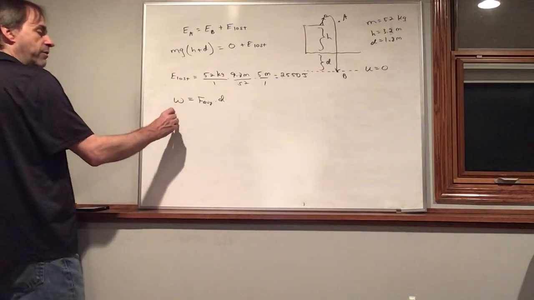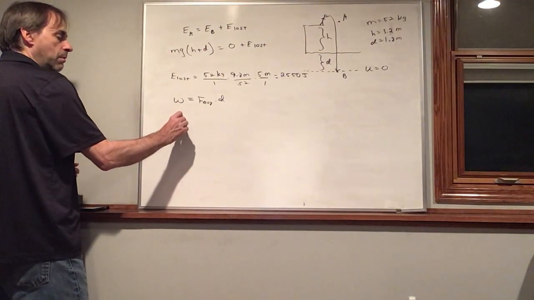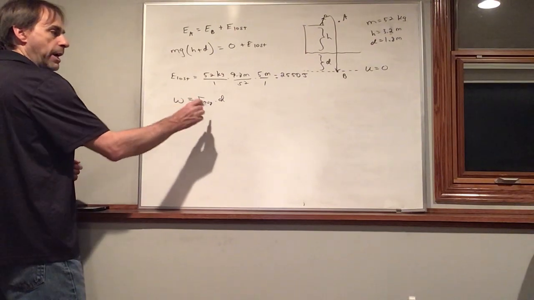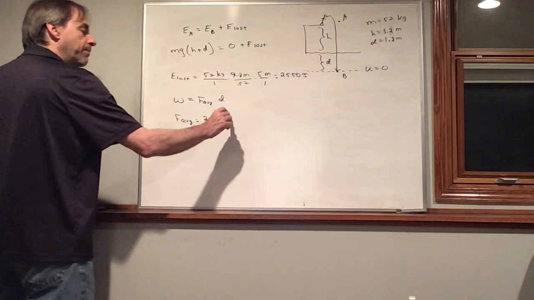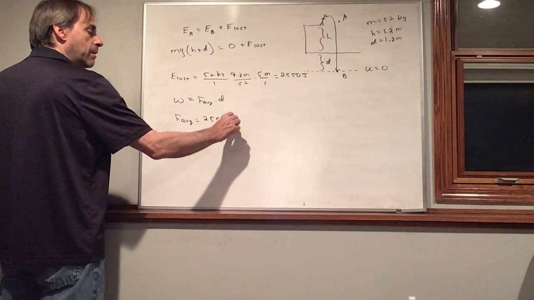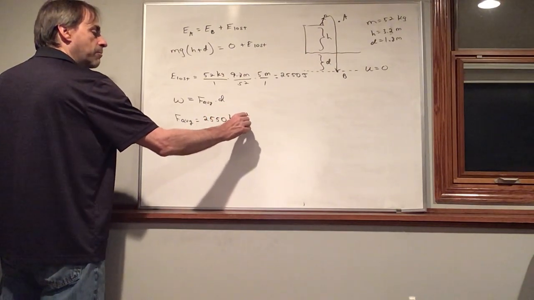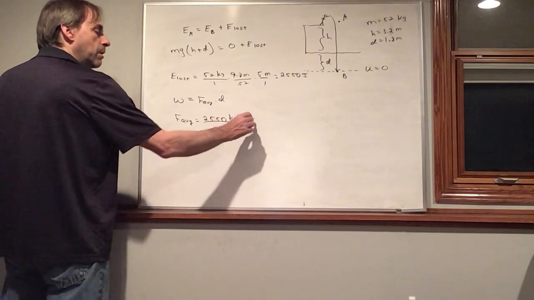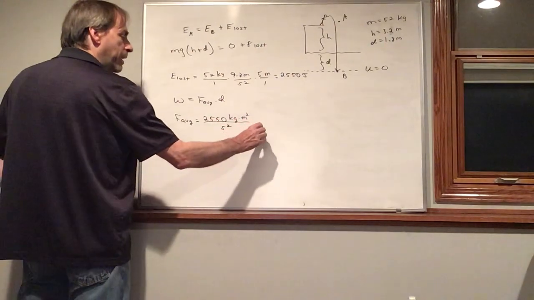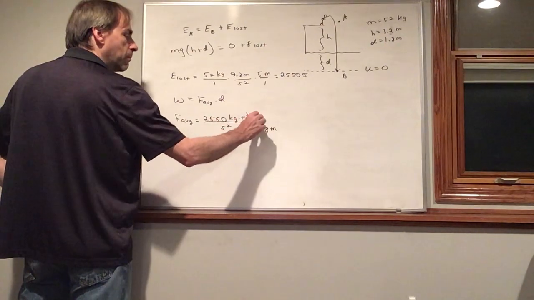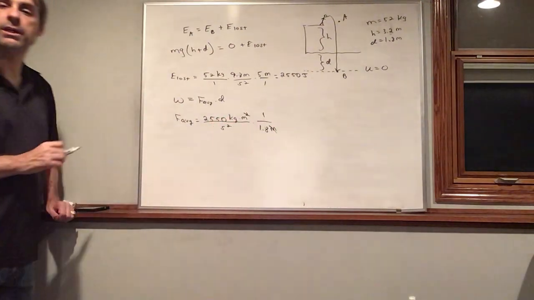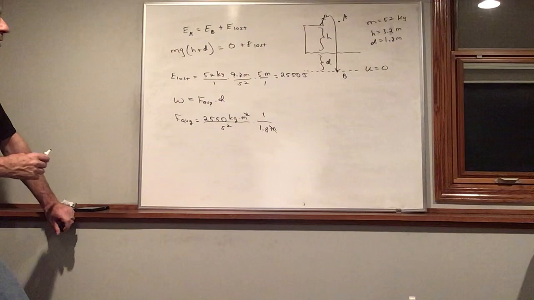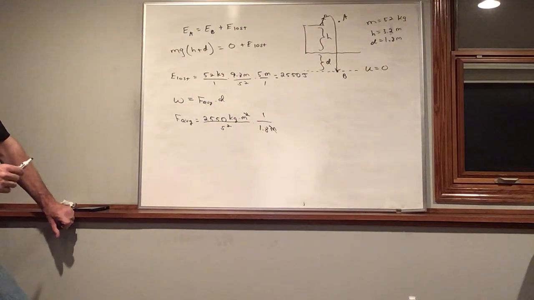And so the average force, we'd have about 2,550 joules. I'm going to write that as kilogram meter squared per second squared. And then we divide by 1.8 meters. So that cancels out, and we have kilogram meter per second squared. This would give us a force in newtons.